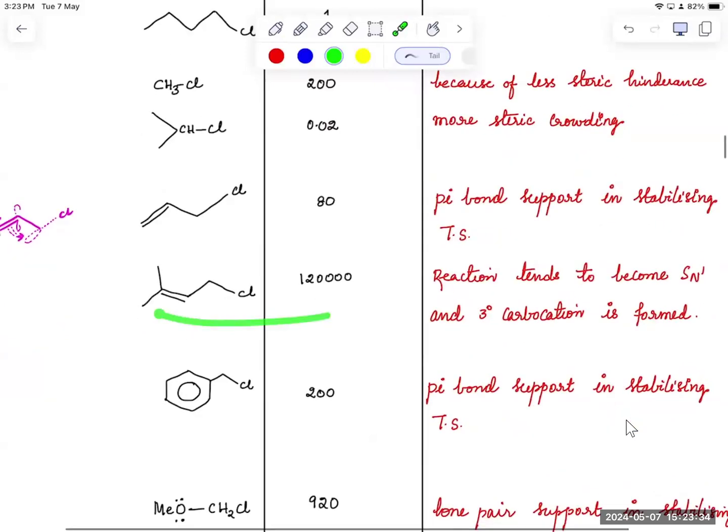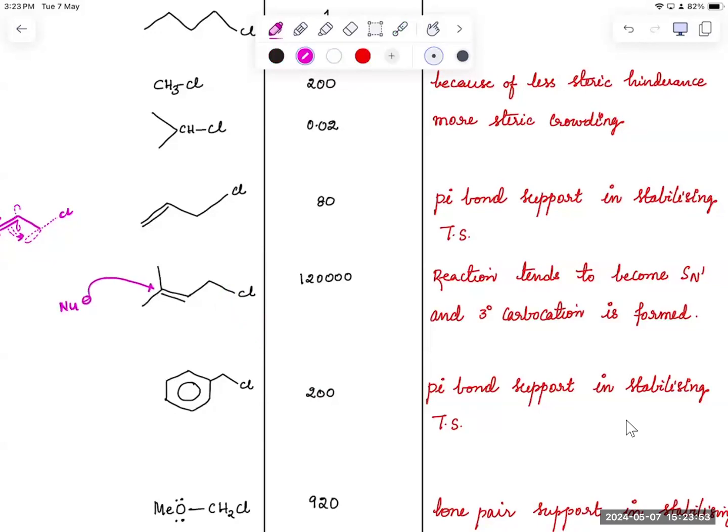Next, this is a very important and very special case. It appears crowded, but yet you can see the rate is extremely high. First of all, it is allyl. Secondly, when chlorine is leaving, the nucleophile is not attacking at that position. The nucleophile is actually attacking from the backside here so that it can push this pi bond and remove this chlorine.